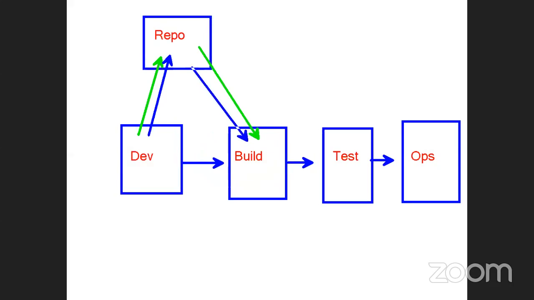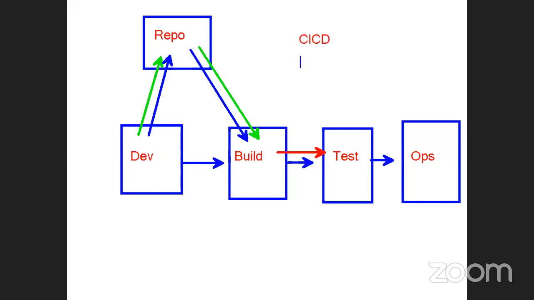So here we can integrate all these tools, which is what we discussed as CI, continuous integration. We integrate source code repositories and build tools. Next, we do testing. Again, same process: if testing is not available, the process is delayed. But I will integrate all these phases in DevOps.